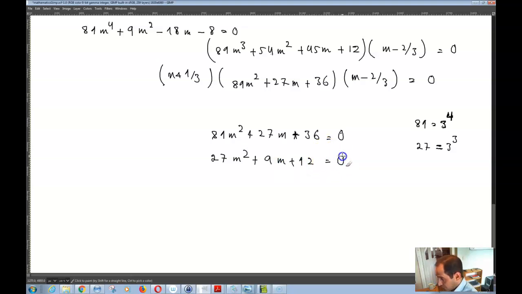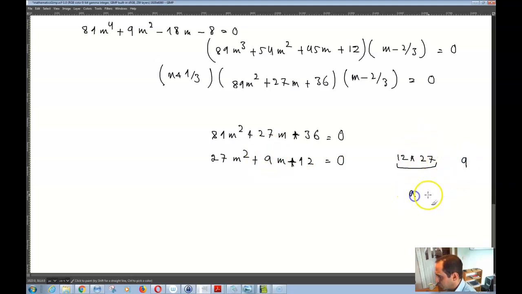And then over here, the roots of this polynomial, this is also a tough one, because you do need to somehow figure out some number whose product is 12 times 27, and also you have a 9 over here.